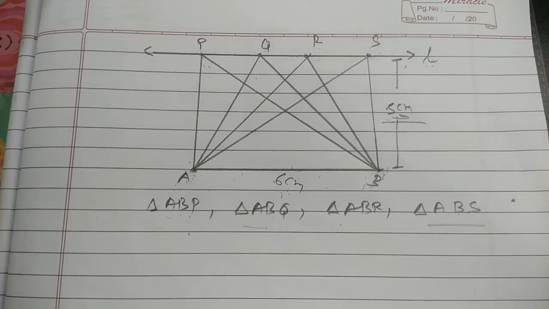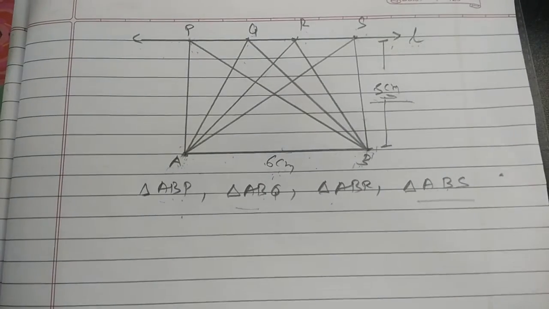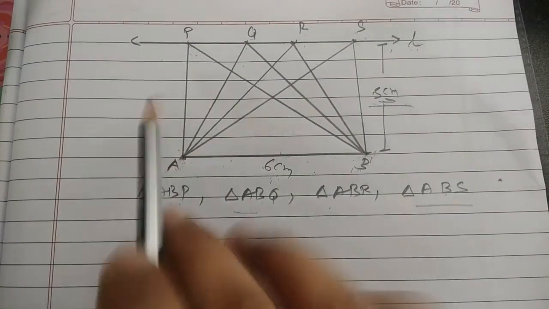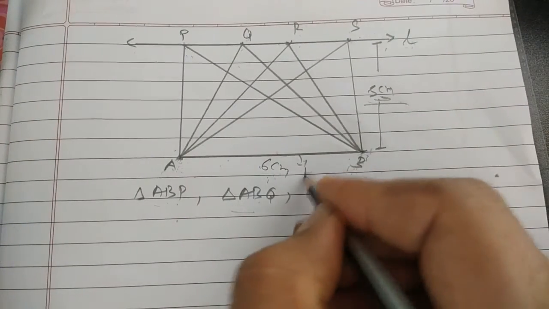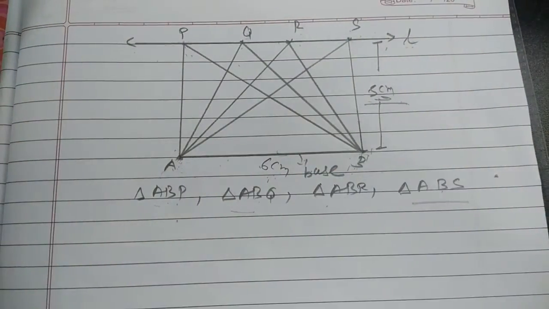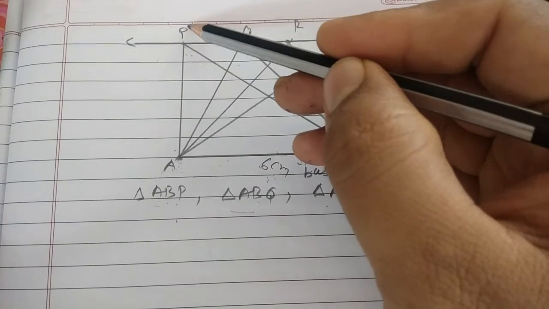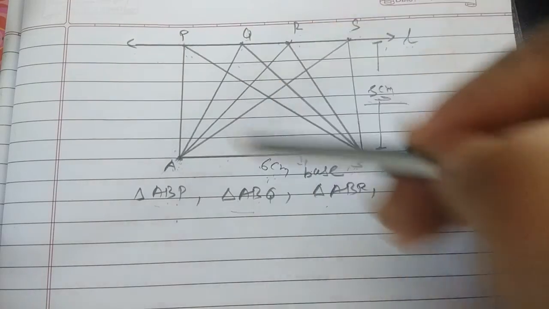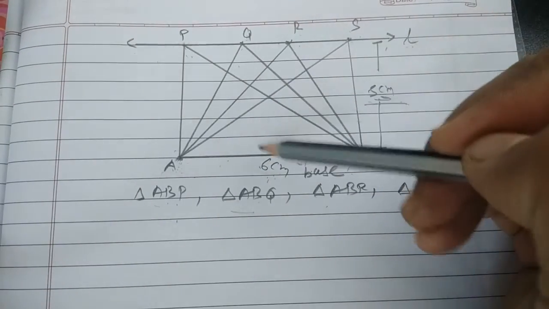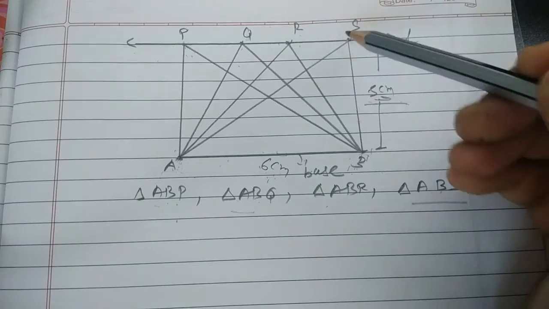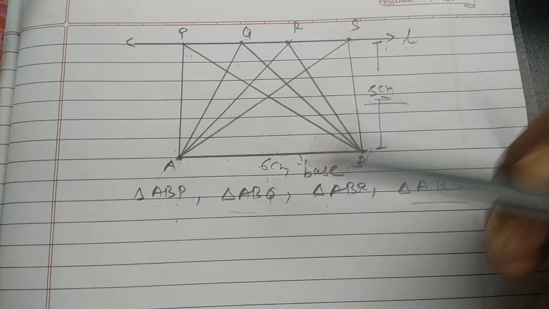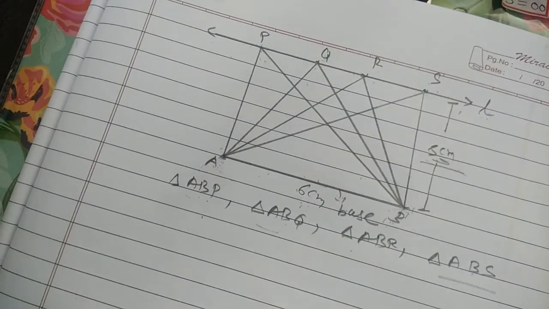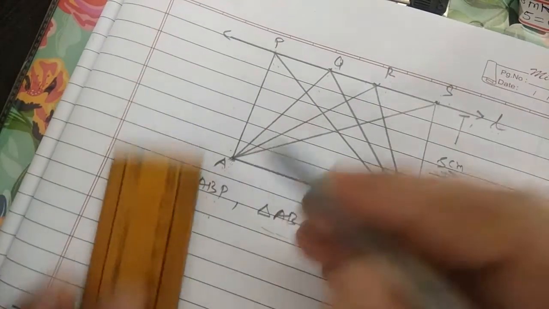Now here, if we take AB as the base in all the triangles, and we draw a perpendicular from the opposite vertex, P to AB, Q to AB, R to AB and S to AB, that will be nothing but the height. For example, I am drawing one perpendicular.